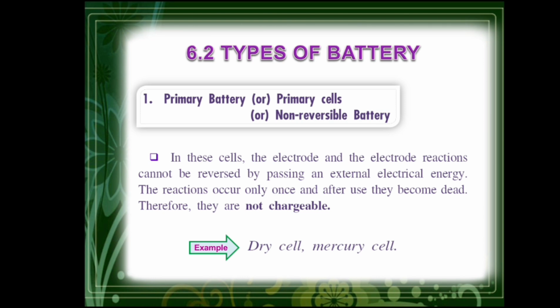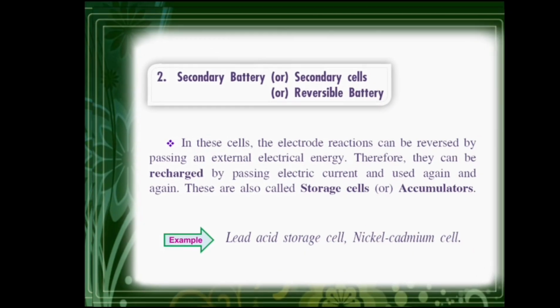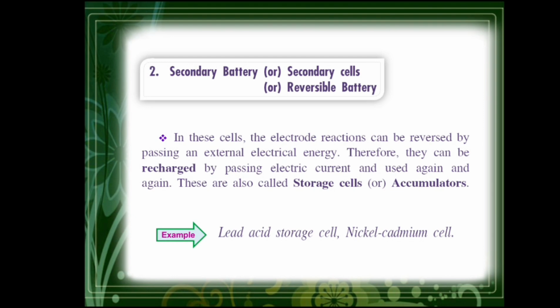Examples for primary battery are dry cell and mercury cell. The second type is the secondary battery, also called secondary cells or reversible battery. In these cells, the electrode reactions can be reversed by passing external electrical energy.